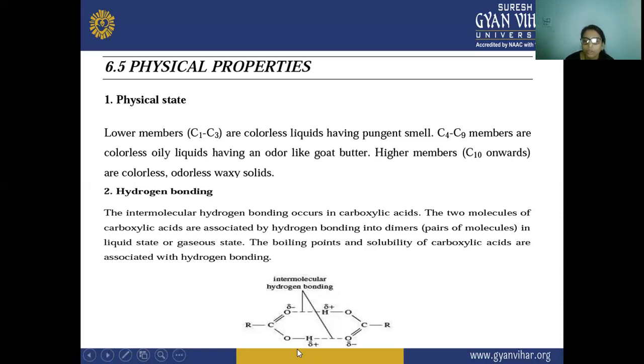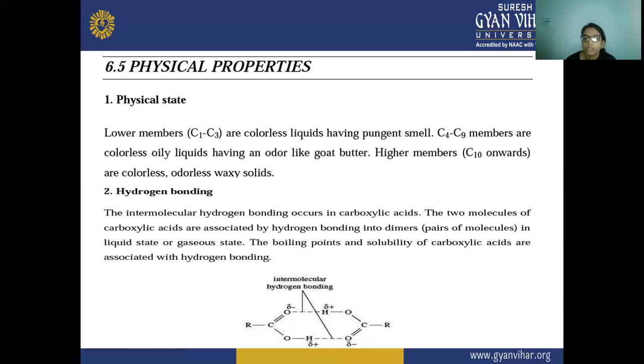This is one molecule and this is the other molecule. The hydrogen from this alcohol part forms a bond with the oxygen of the other molecule, and the hydrogen of the other molecule bonds to the oxygen of this one. So there is hydrogen bonding between the two molecules.